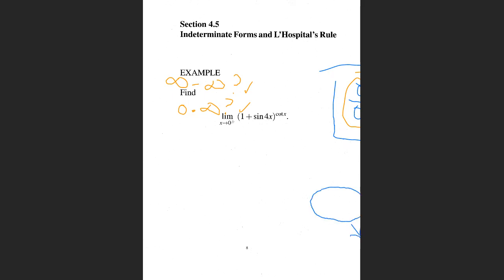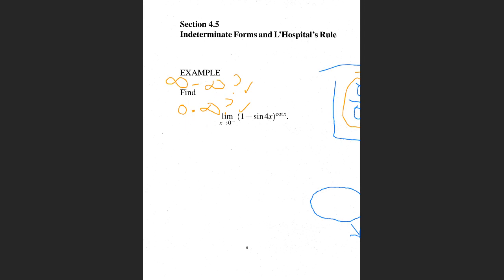Well, that's going to approach 1 plus the sine of 4 times 0, which is 1 plus the sine of 0, and that just equals 1. So the base approaches 1.